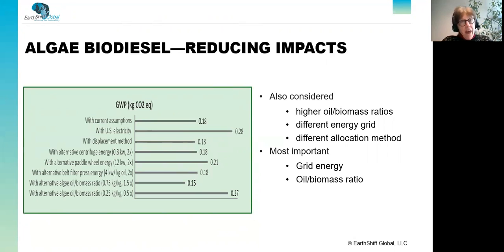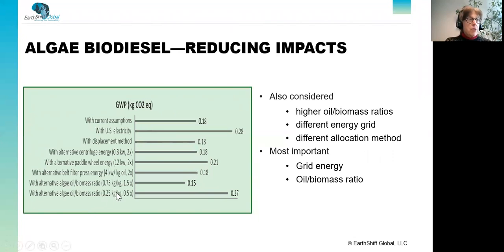So we looked at what that would do. We looked at a different energy grid, different allocation methods, and we found that the grid energy and the oil to biomass ratio were making the biggest difference in the global warming potential.